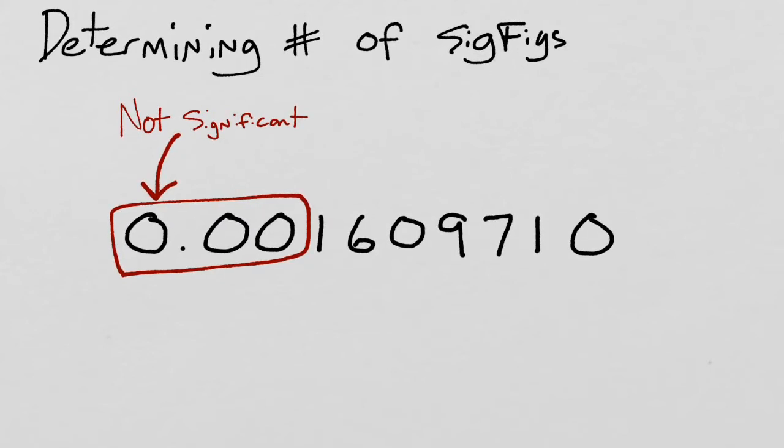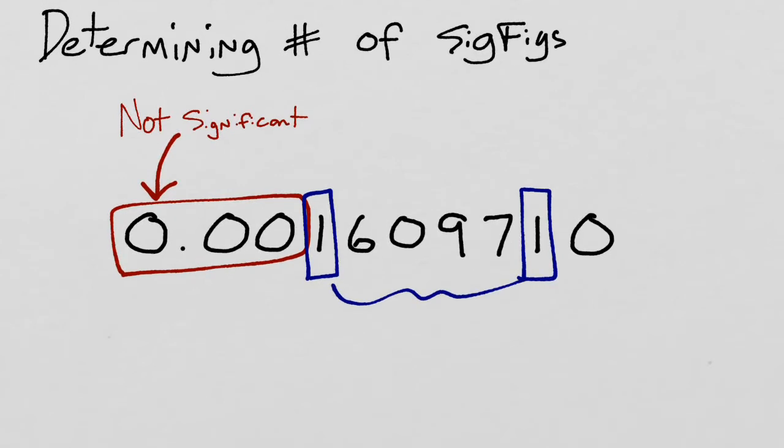So these are just placeholders, and they do not count as significant. Any non-zero number is significant. So we can see right off this number 1 all the way through basically this 1 over here, all of these numbers are significant.